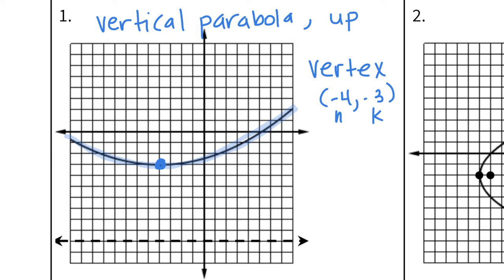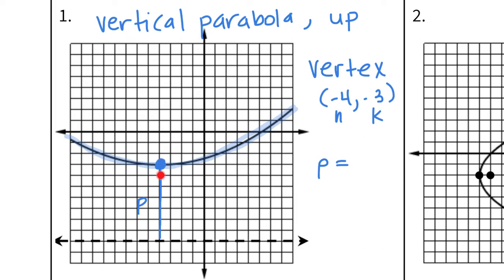Okay, now I want to find p. Now remember, p is the distance from the vertex either to the focus or to the directrix. In this specific example, they gave us the directrix. So we're going to count how far it is right here. That would be p.